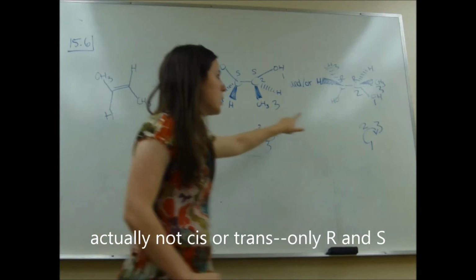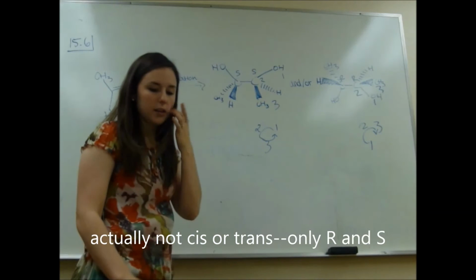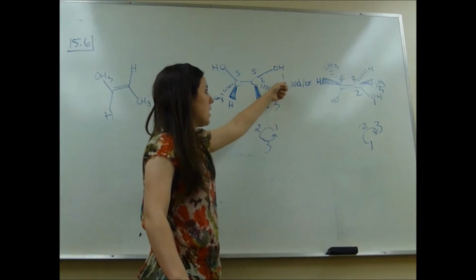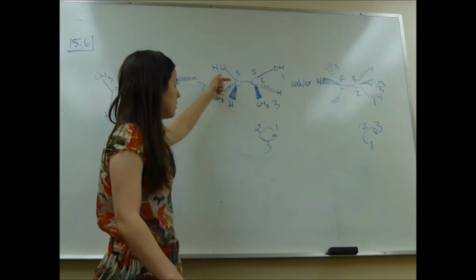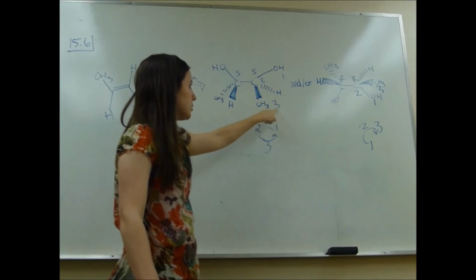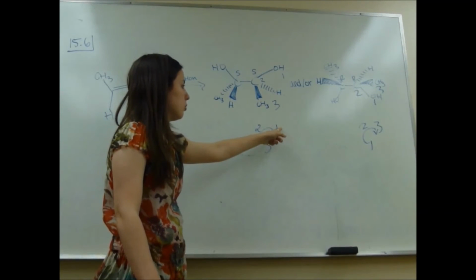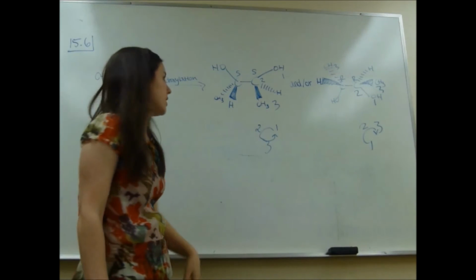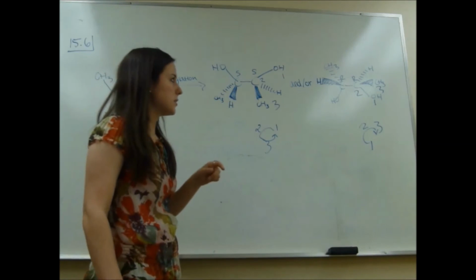This is the cis form, and this is the trans form. In this particular situation, the priority group is the hydroxyl, and then the carbon, because there are two carbons in a row as opposed to just the methyl. So the methyl would be the last group, and if you go 1, 2, 3, it's going to be counterclockwise, which is going to be an S form. So both of these are going to be S.